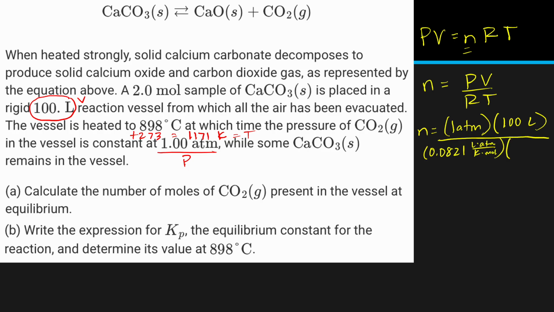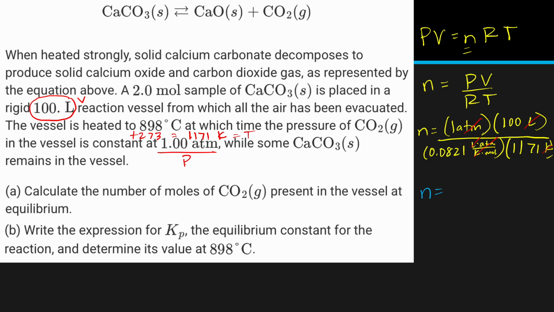And then I'm going to multiply that by our temperature, which is 1,171 Kelvin. So as you can see with our units, everything is going to cancel out except for moles. So we're going to be left with moles, which is n.